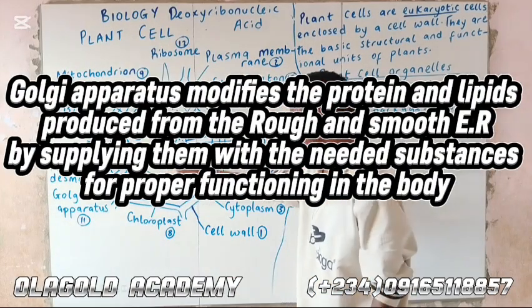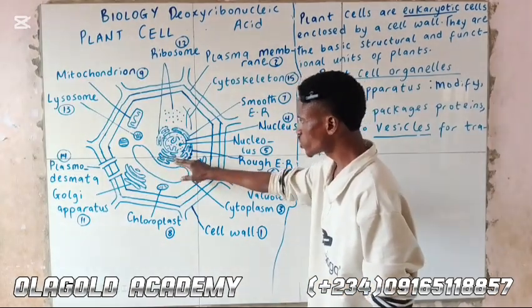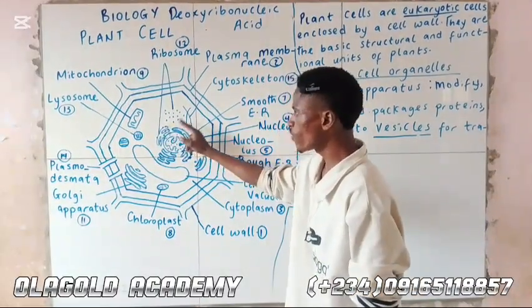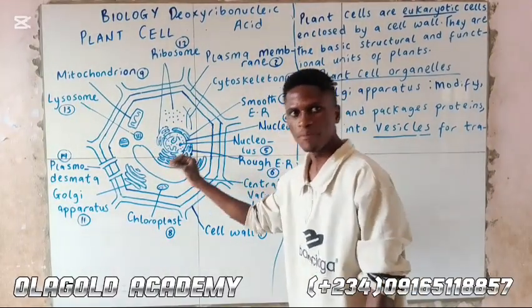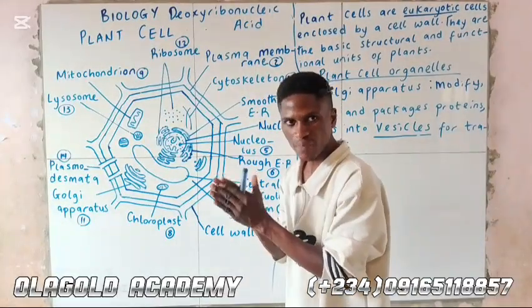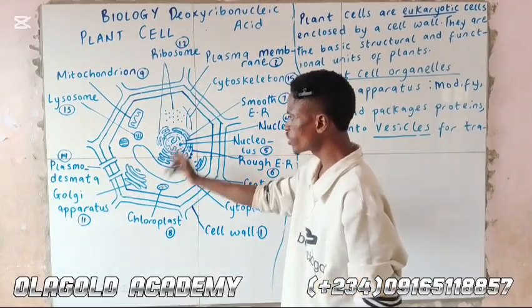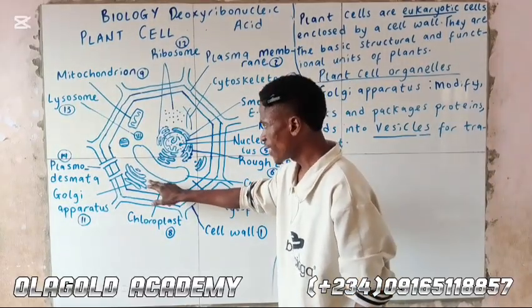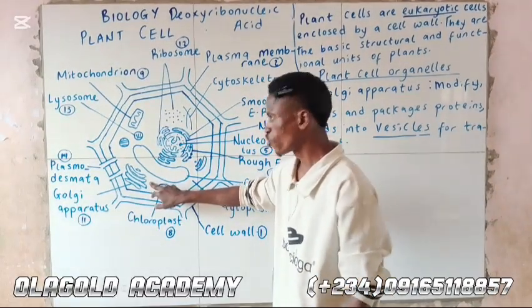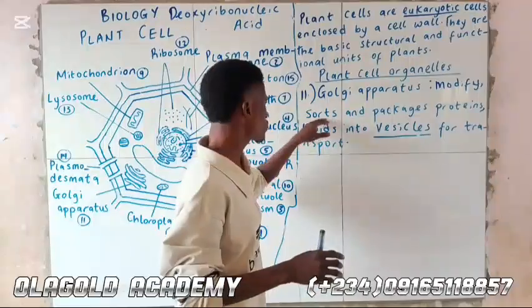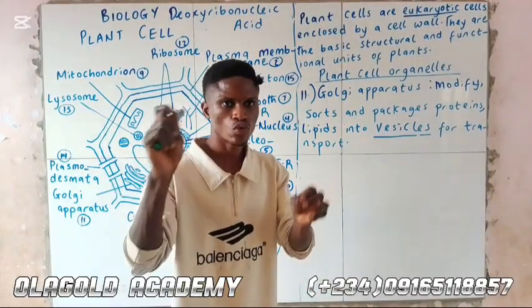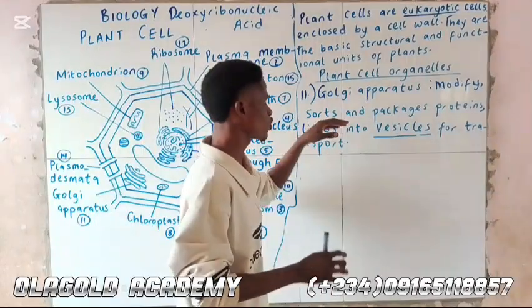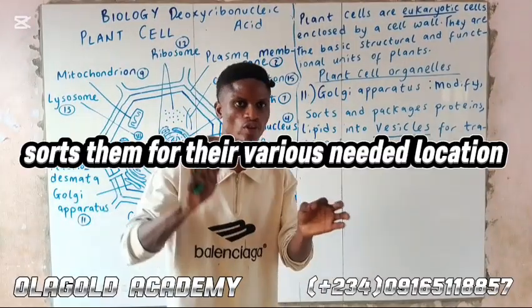So the lipids from the smooth ER and the protein from the rough ER, both of them are being sent to the Golgi apparatus. The Golgi apparatus is what will now help to modify them, and sort them for the various locations where they are needed.